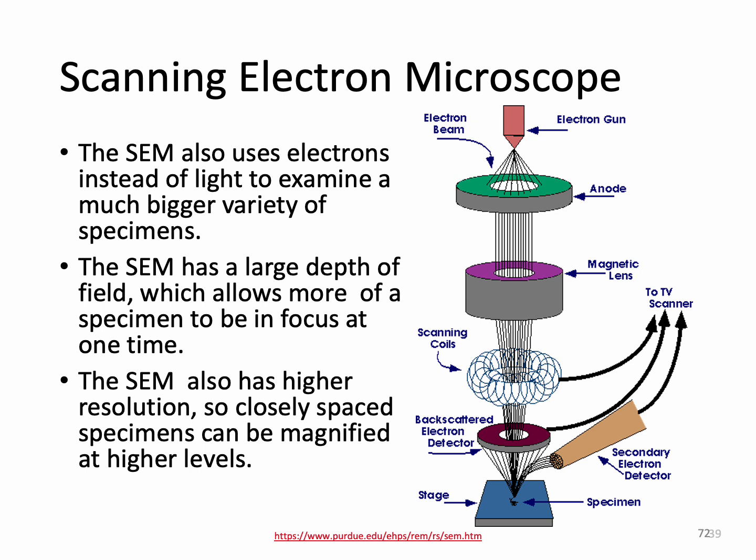Now the information from the scanning coil, from the electron detector, and from the secondary electron detector are all going to be analyzed with a computer, and sent to a TV or a monitor. It allows us to collect those images.